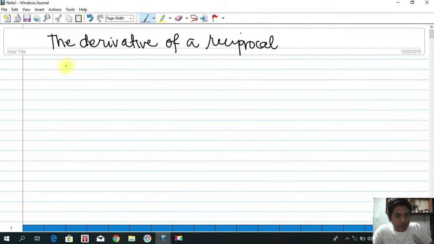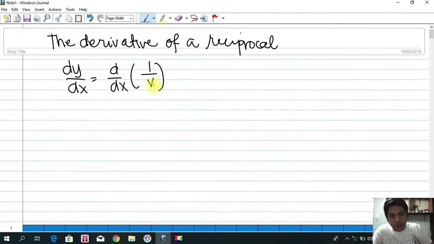It is given by the formula dy over dx is equal to the derivative with respect to x of 1 over v, of which v is our function, that is equal to the negative of the derivative with respect to x of that v divided by v squared.